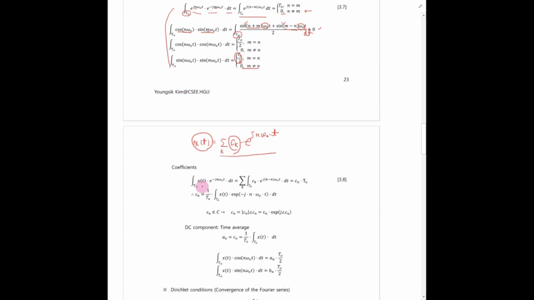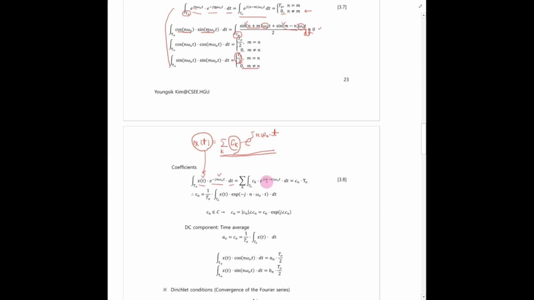To find it, we take a dot product between x(t) and e^(-jnω0t) over a period. Then we replace x(t) with the linear combination of harmonic components, and the integration is given this way.